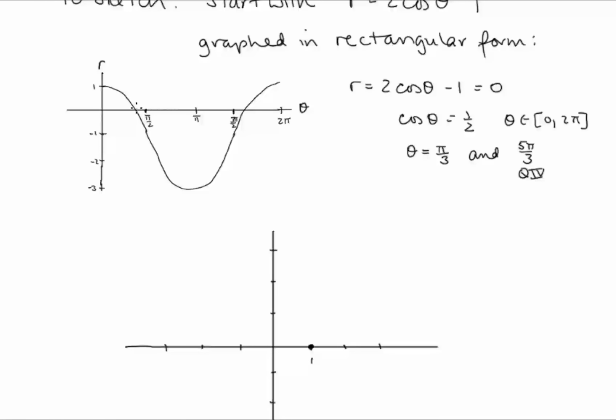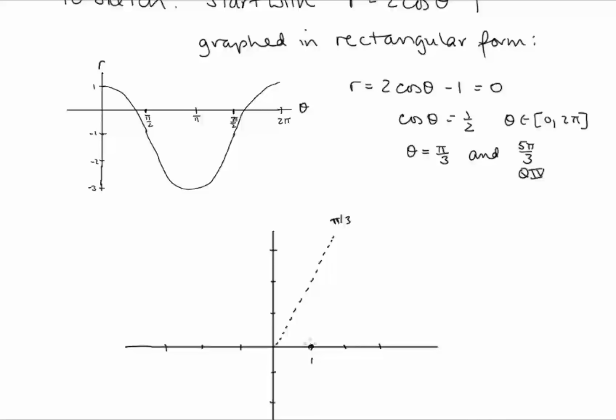So we should find out where r is equal to 0 here. So we set r equals 2 cosine theta minus 1 equal to 0 and solve for theta. We get cosine theta is equal to 1/2, which over this interval we know happens at pi over 3 and then at 5 pi over 3, which is in quadrant 4. So we know that at pi over 3 we have a radius of 0 and at pi over 2 a radius of negative 1.